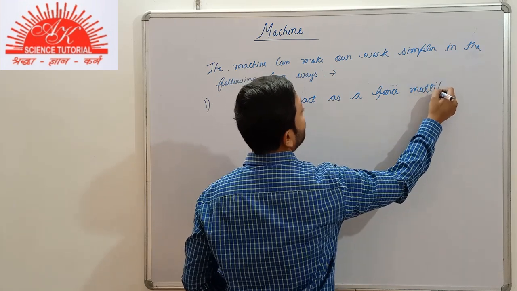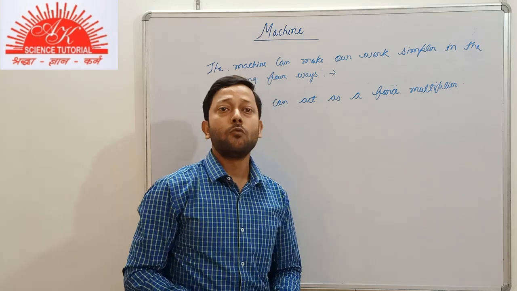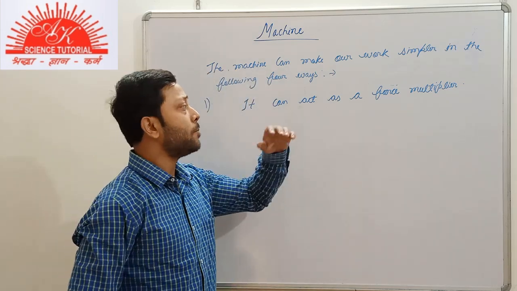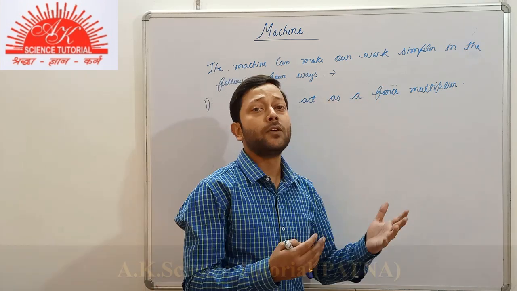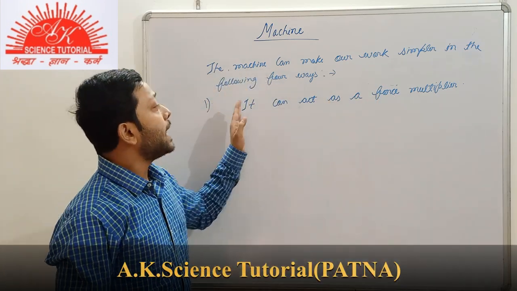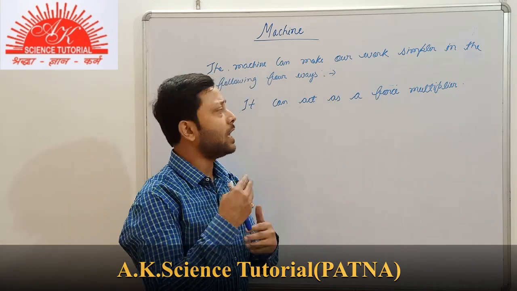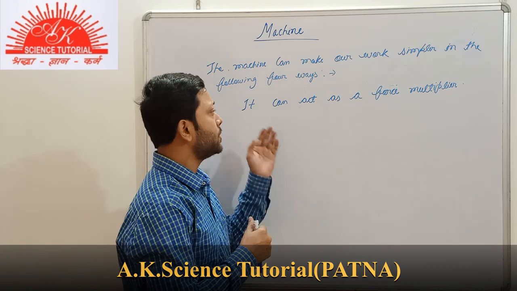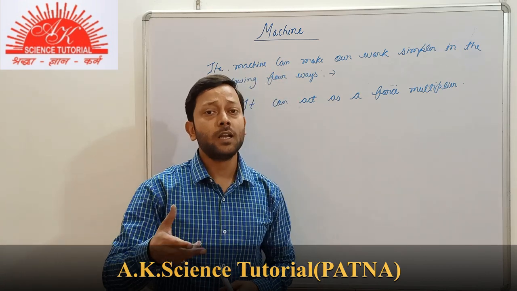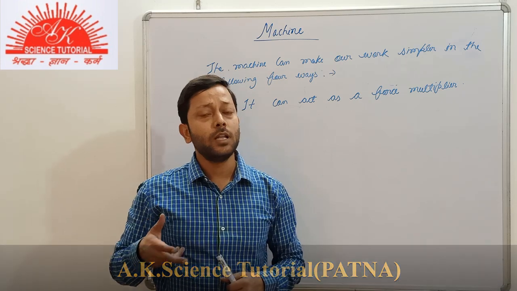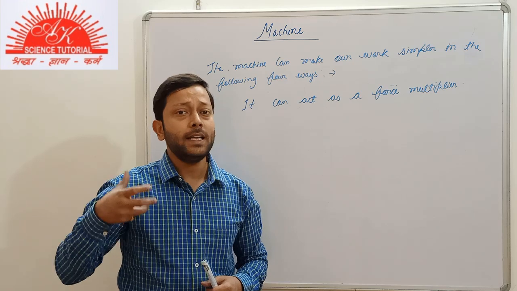Whenever we use the term multiplier, what do we mean? We mean that there must be an increase. The force must be increased. So it can act as a force multiplier. We will have some examples. Suppose, as I told you earlier about the nutcracker, we use it to break the nut easily.